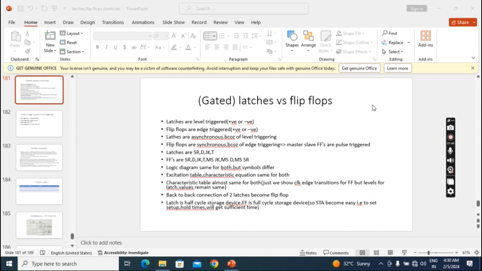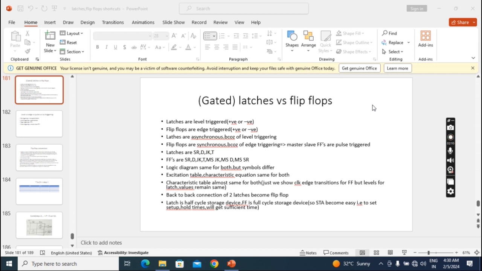And if we connect two latches back to back, it will become a flip-flop. It will work as a flip-flop. A latch is a half-cycle storage device and a flip-flop is a full-cycle storage device. Because of this full-cycle storage, static timing analysis is easy in physical design.